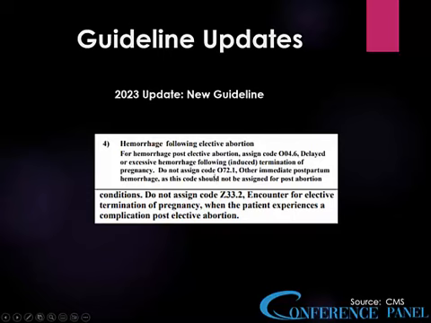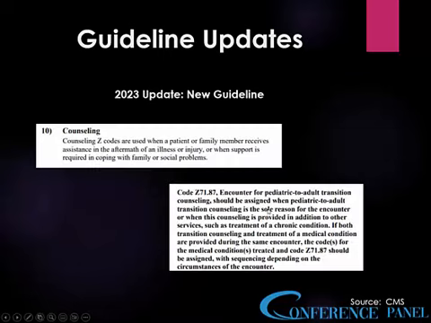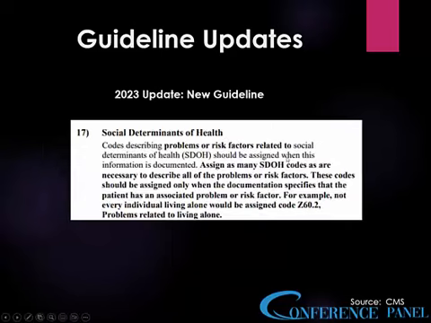Do not assign code O72.1 for other immediate postpartum hemorrhage, as this code would not be assigned for post-abortion conditions. We also have an updated code for encounter for pediatric to adult transition counseling. We also have updated language to the social determinants of health guidelines.